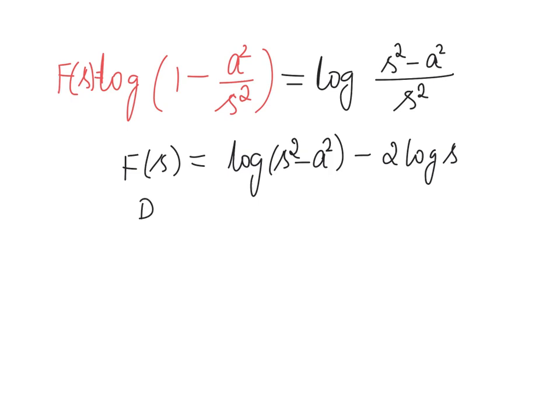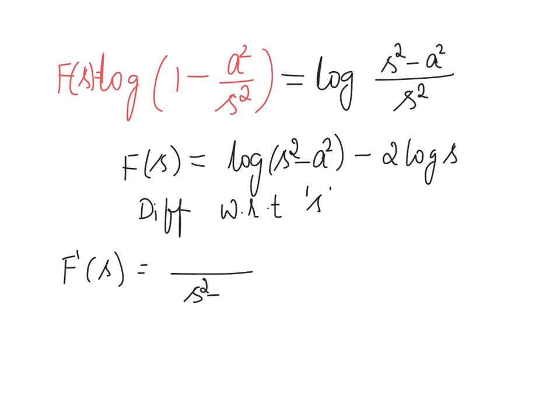We differentiate both sides with respect to s. So differentiating with respect to s, we get f dash s. We are differentiating a log function: it is 1 over the function, and the differentiation of the function is 2s, minus, keeping 2 as it is, log s is 1 by s.